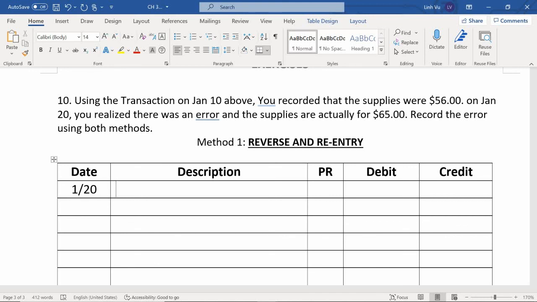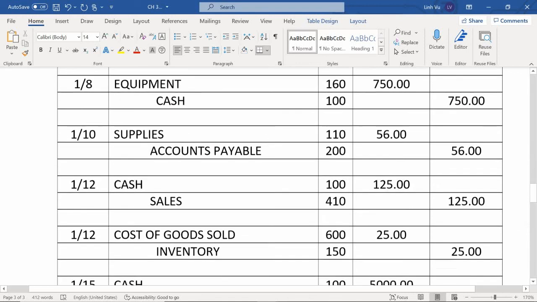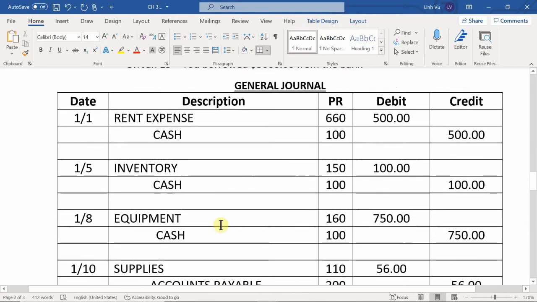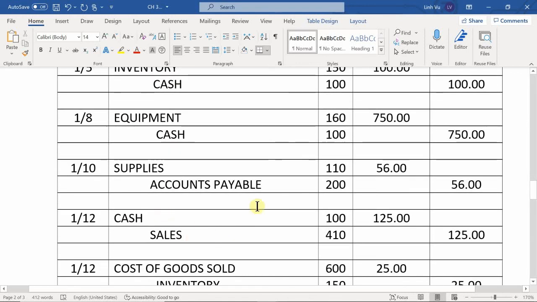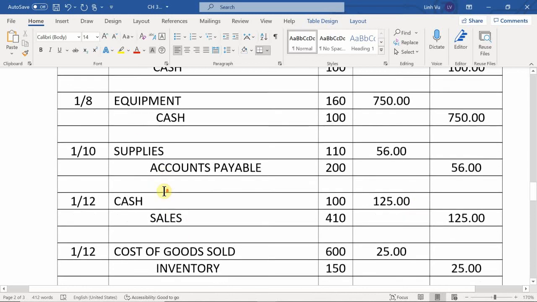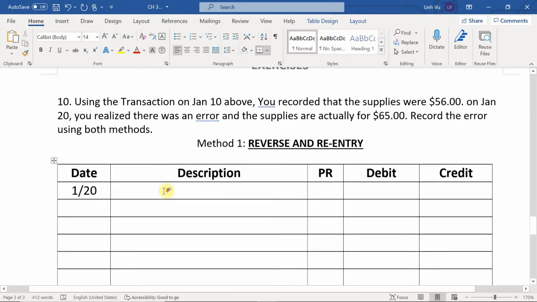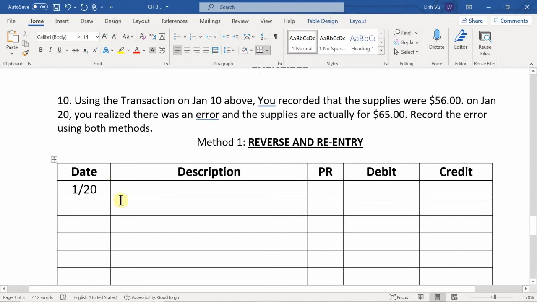Originally on January 10, you wrote that you got supplies for $56 on account. So how do I reverse that? Because that's not right. I spent 65.